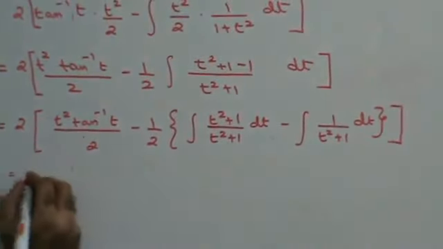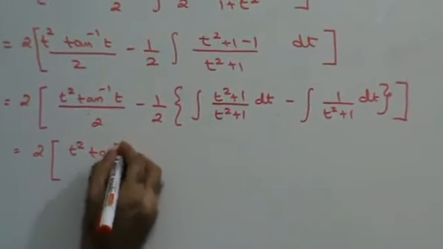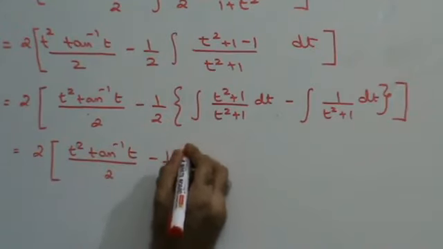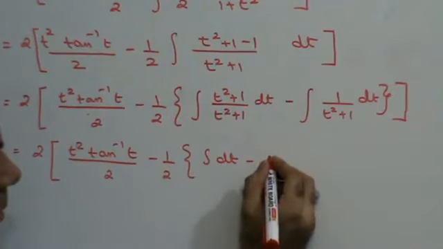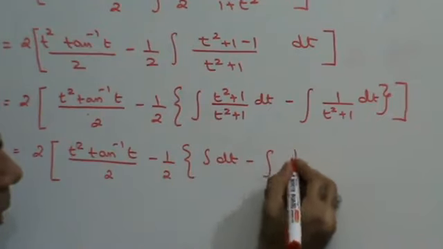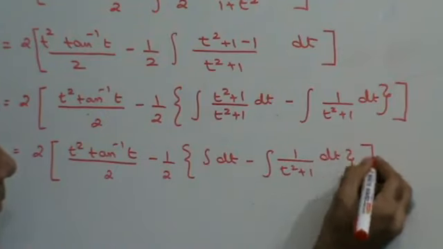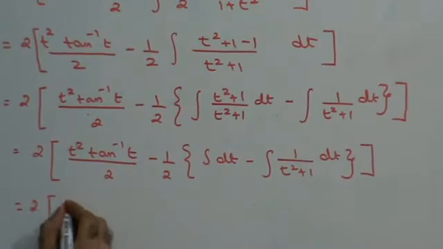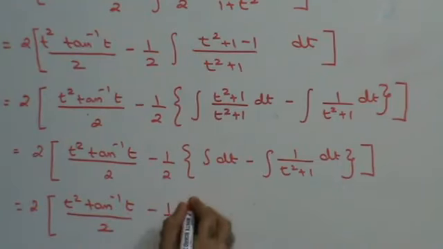Right? This can be written as 2 t square tan inverse of t upon 2 minus 1 upon 2 times the integral of dt minus the integral of 1 upon t square plus 1 dt. This is 2 t square tan inverse of t by 2 minus 1 by 2.